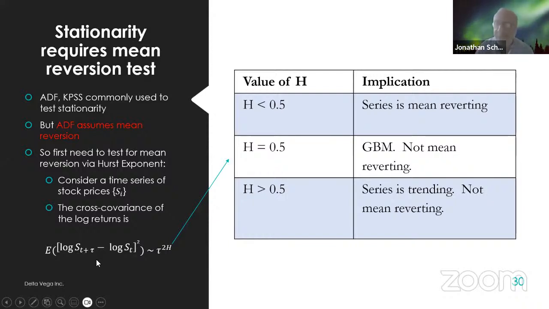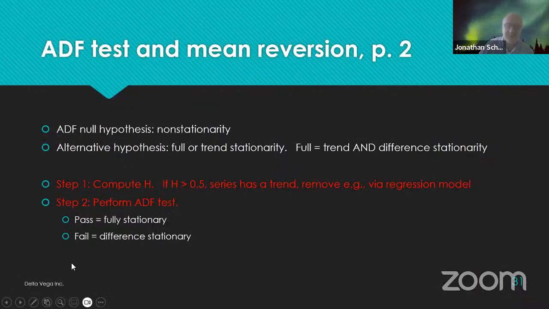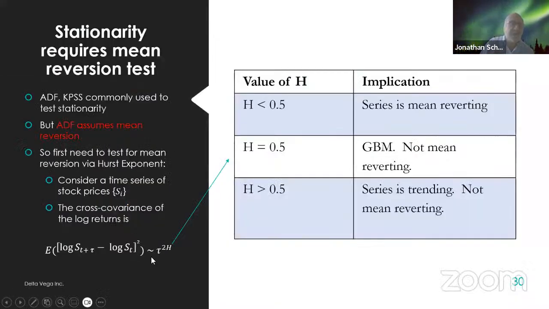This reflects that this is assumed to be a weakly stationary series, so we can focus on just the first and second moments, not skew and kurtosis. Basically that cross covariance goes like tau to the something. By convention, it's 2 times h, the Hurst exponent. So if it's 1, which would be the case for Brownian motion, then h equals a half. The other two cases are less than or greater than a half.